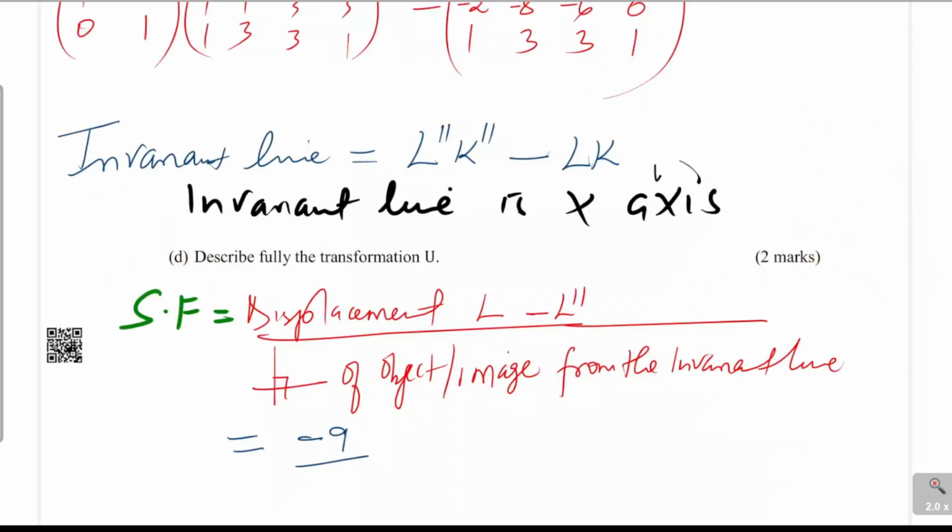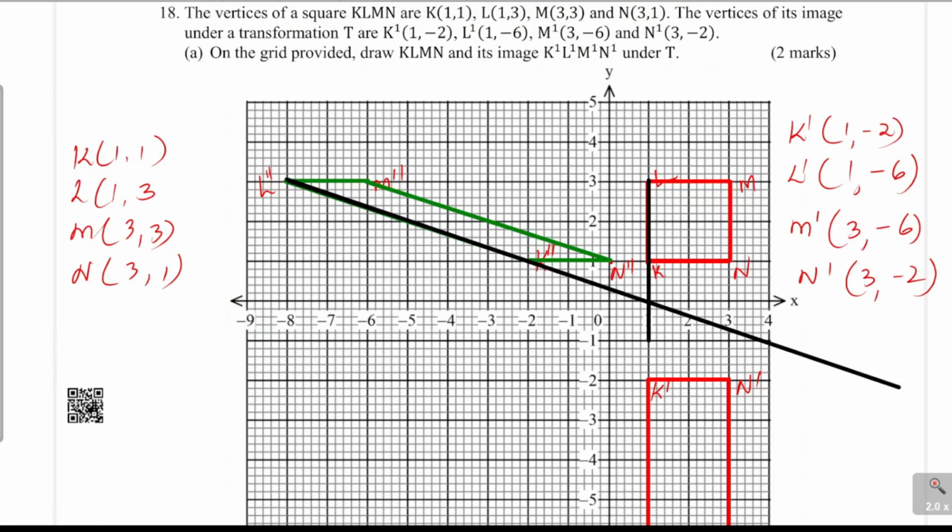Then the perpendicular distance of the object point to the invariant line. I'll pick the object point to be, let's say, L. What is the perpendicular distance of L to the invariant line? From L, count these as squares: 1, 2, 3.